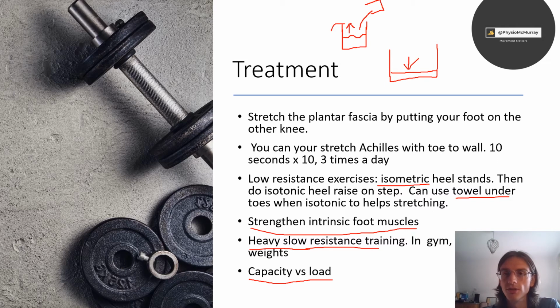As your muscles get stronger, they can handle more load, which means the cup size increases. So you're hitting both sides: strength work increases the cup, and decreasing your running intensity and volume decreases the load. That is the way that you treat plantar fasciitis.